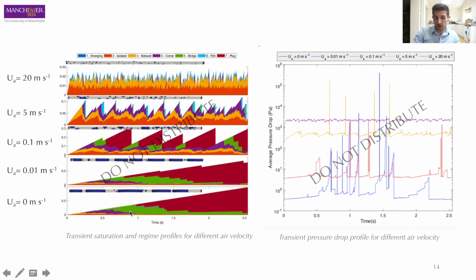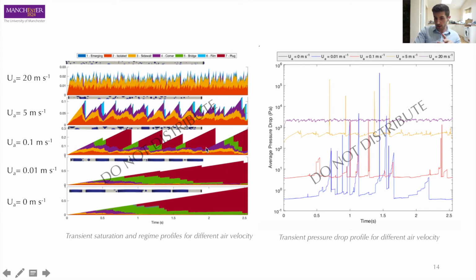And as you can see, as you increase velocity, you actually transition out of plug flow regime into another type of regime where it's a mixture of corner flow and droplet kind of flow, and then going even further into higher 20 meters per second, you can see that corner flow almost doesn't exist in this regime. It's mostly purely droplet flow and removal. You can also see how the saturation changes, and the peaks in the removal of droplets also increase in frequency with air velocity.